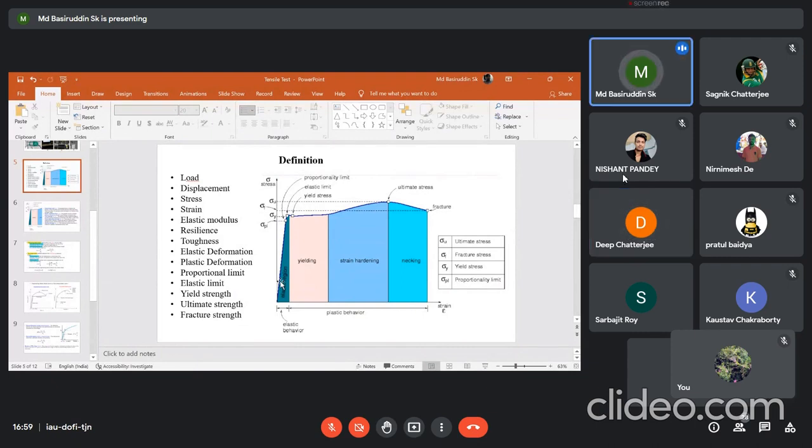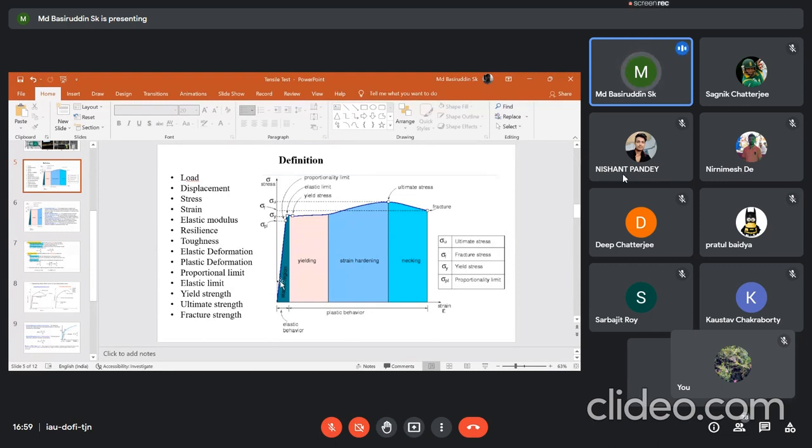Then, following Hooke's law, we can also simplify that equation, because Hooke's law lets you correlate it with the elastic modulus. So if you find either stress or strain, then by knowing the elastic modulus of that material, you will be able to calculate the resilience.